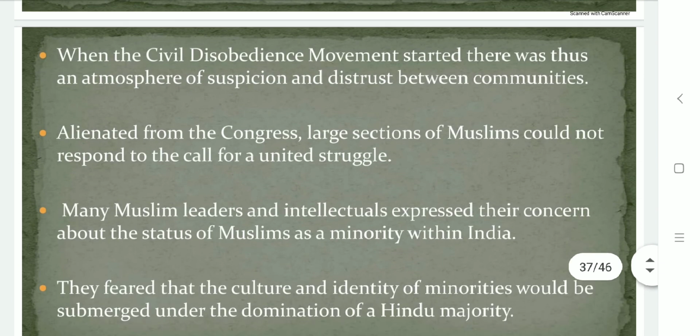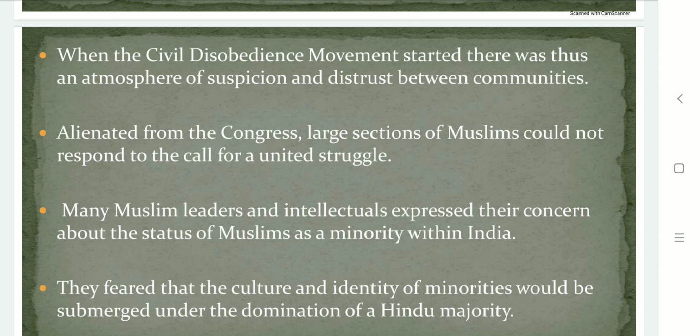When the civil disobedience movement started, there was thus an atmosphere of suspicion and distrust between communities like poor peasants, Dalits, untouchables, and Muslims. Alienated from Congress, a large section of Muslims could not respond to the call for a united struggle.